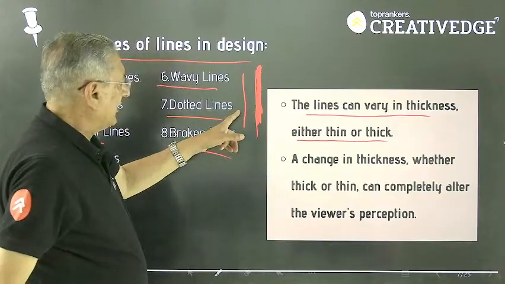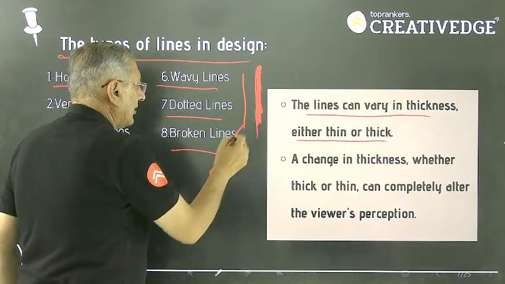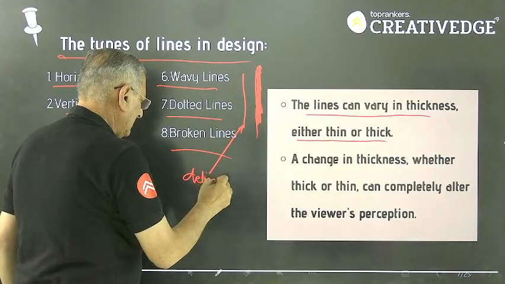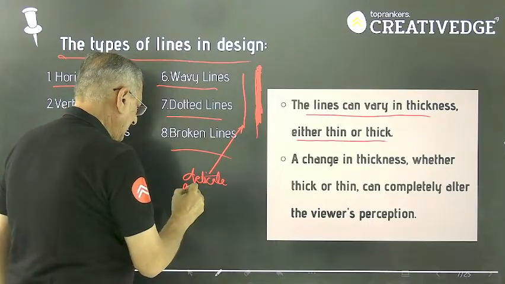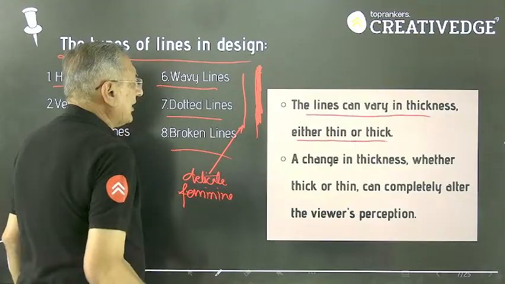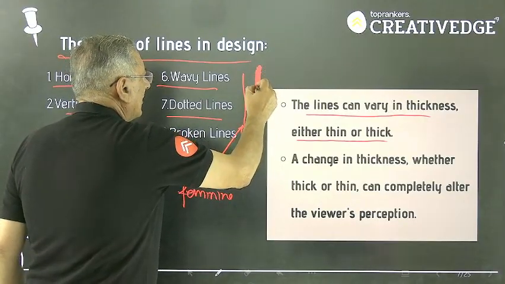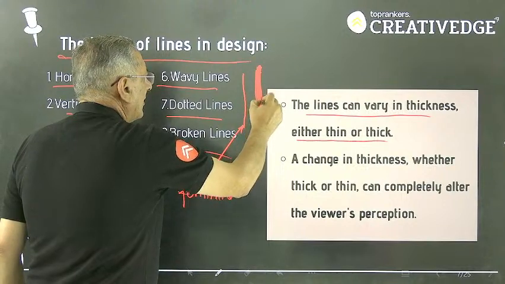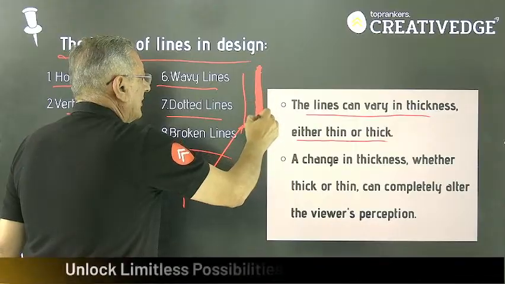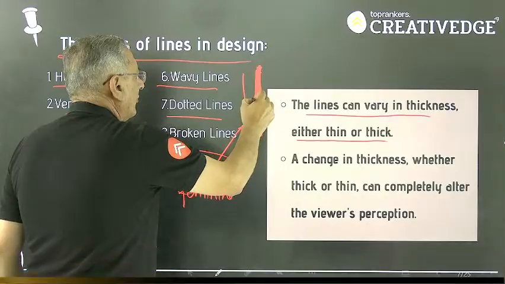Look at this line. This shows delicacy, delicate, feminine. Likewise, whereas this thick line, कैसा दिख रहा है ना, पेड़ का तना. So what emotion?